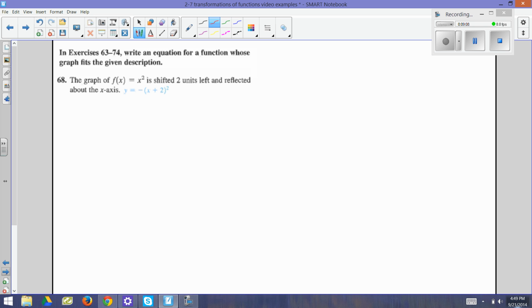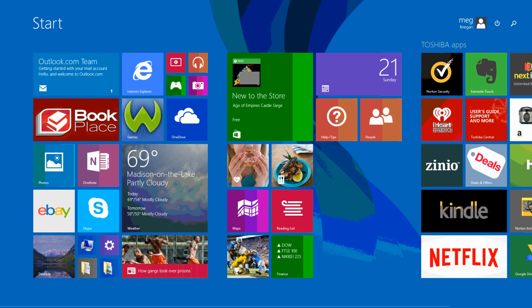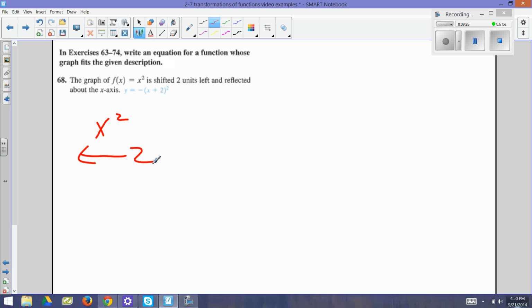Next graph. Write an equation for the function whose graph fits the description. We start with x squared. We're going to shift it left 2 and reflect it about the x-axis. Around the x-axis, y is changing signs from positive to negative.